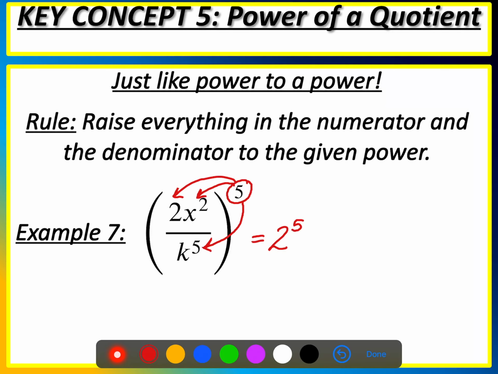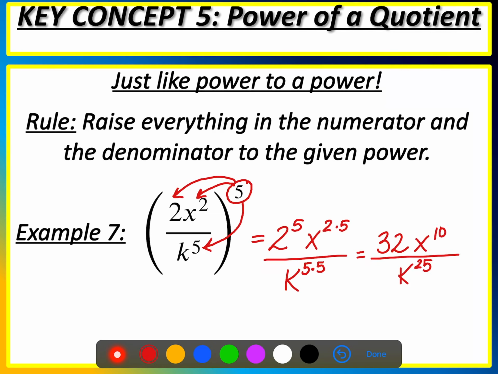So it's 2 to the 5th, and 2 times 5, and k times 5 times 5. So this is 32 x to the 10 over k to the 25. Final answer. So that's power of a quotient.